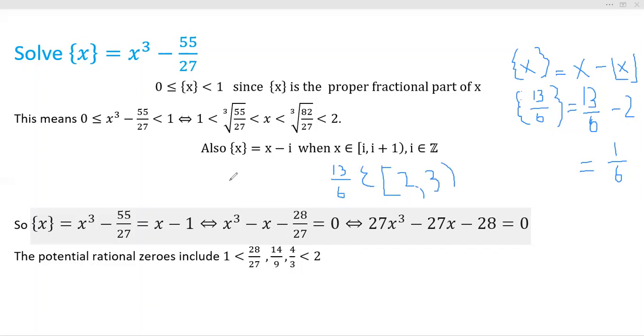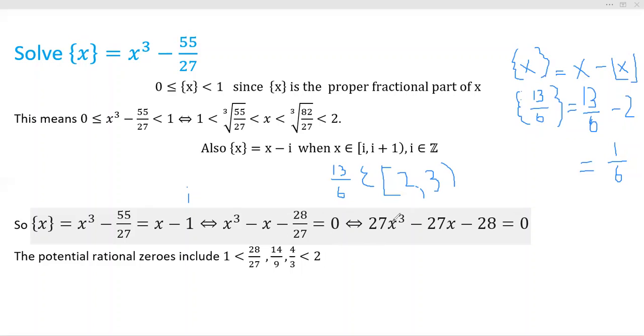Okay. In any event, since we know that our x is between 1 and 2, this would be our new I right here. Our x has to be in the interval 1, 2. So that'd be 1 here, 1 plus 1 is 2. And so that's why we're using x minus 1. So we can equate the right-hand side of the equation to the linear function x minus 1. When you do that, this is fairly straightforward. We get a cubic. Oh no, a cubic, okay? But it's what they call a depressed cubic. There's no squared term.